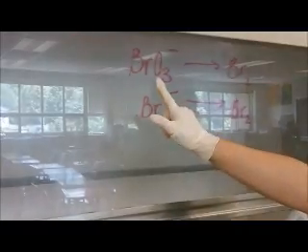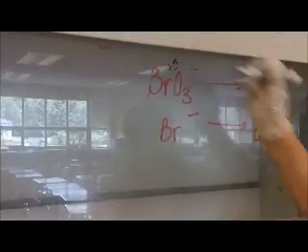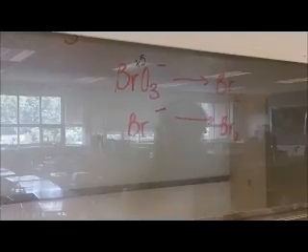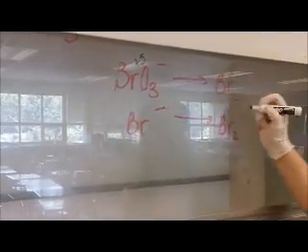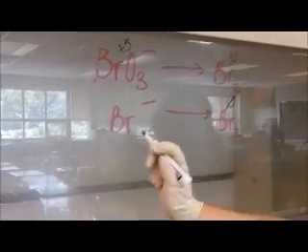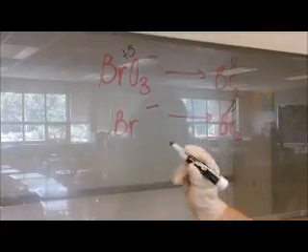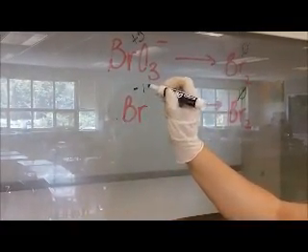So here we have -6, and since it has a -1 charge, bromine has to be +5. And then always in its elemental state, an element will have an oxidation state of 0. And these are both 0. Now here the oxidation state is already written because it's in its ion form by itself. So this is just -1.